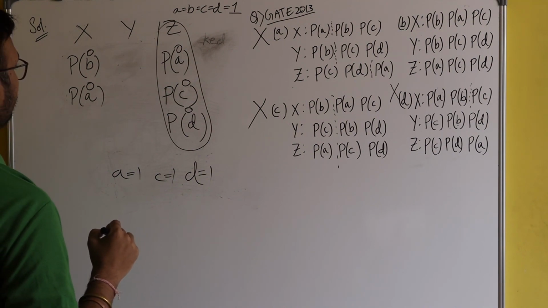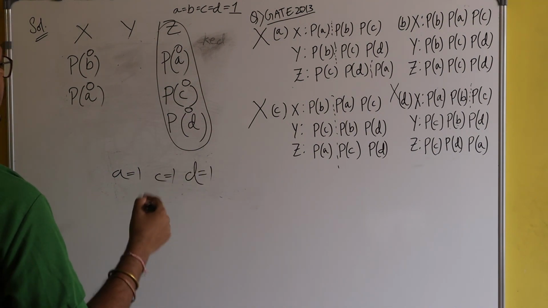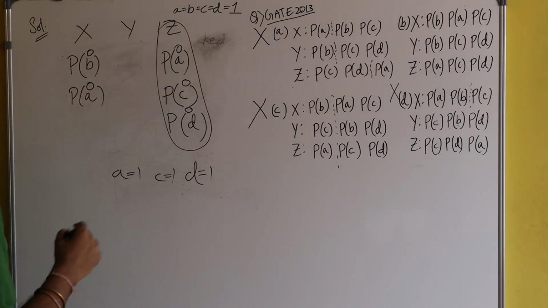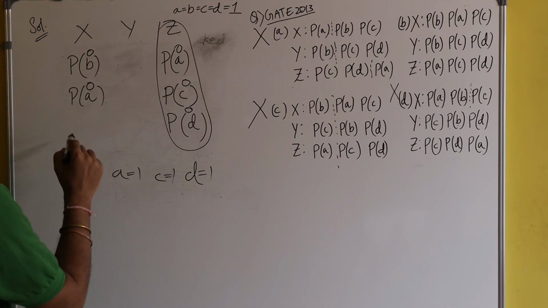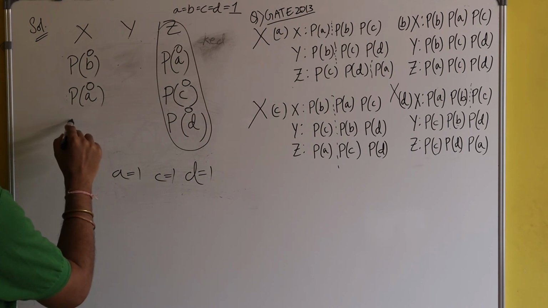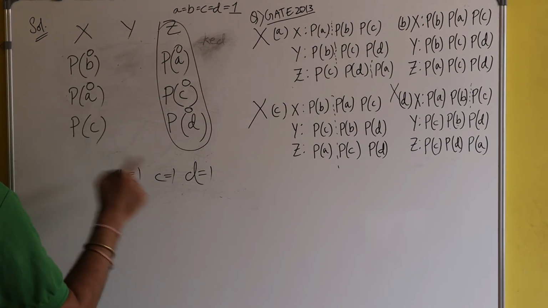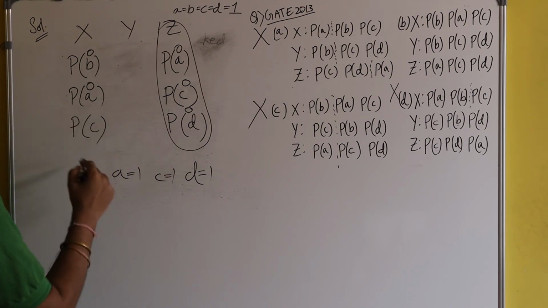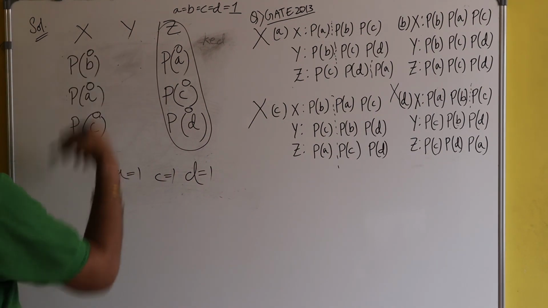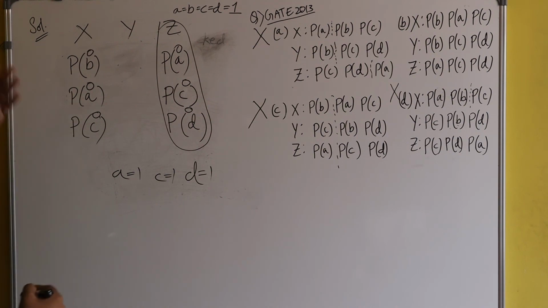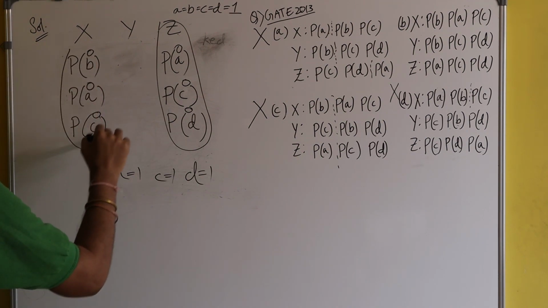After that, suppose the CPU remains with process X. At the end, process X will apply P of C. The value of C is 1, so process X will successfully execute P of C. Now process X will enter the critical section. After that, suppose the task of process X is also over.